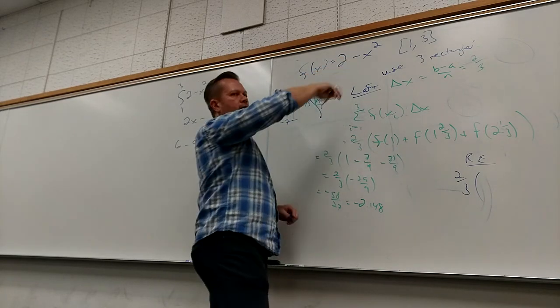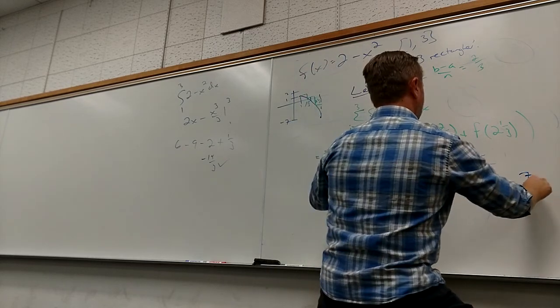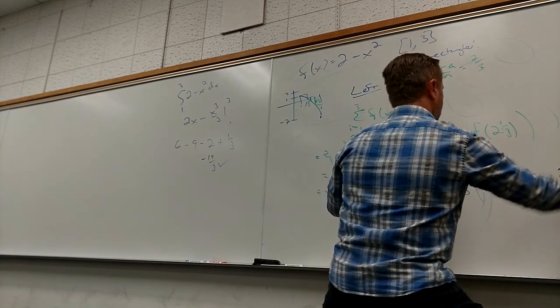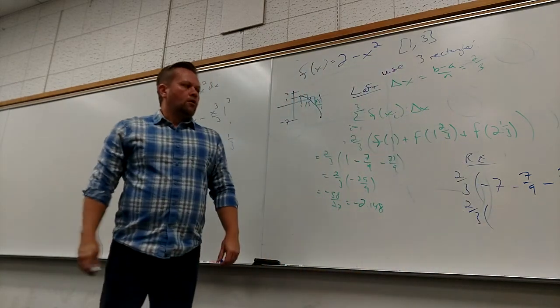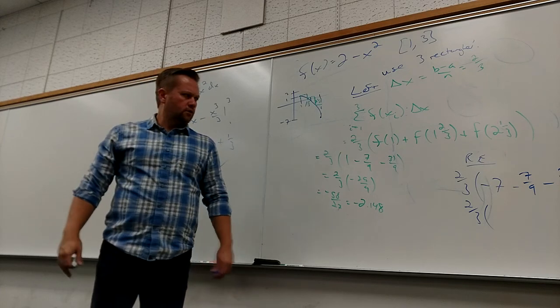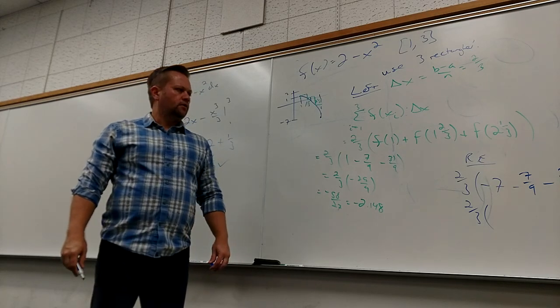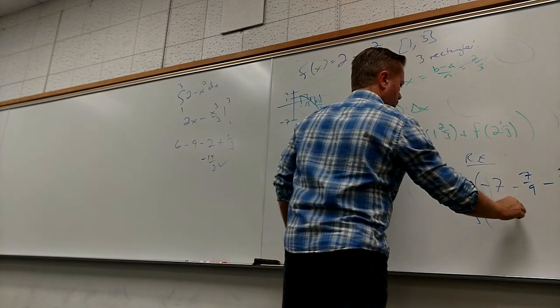It's 2 minus 9, it's negative 7. So it'll be negative 7 minus 7/9 minus 31/9. So that's going to be a huge negative. All right, what's that? Negative 101/9, I think.